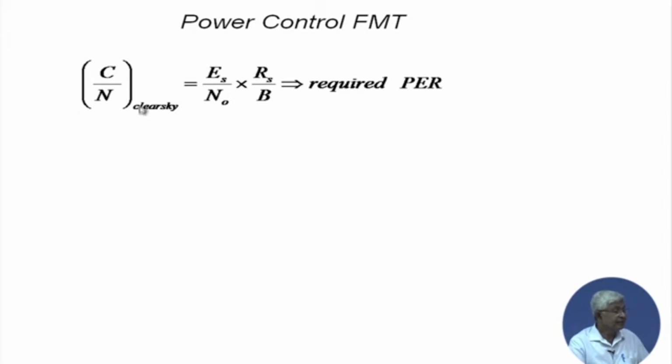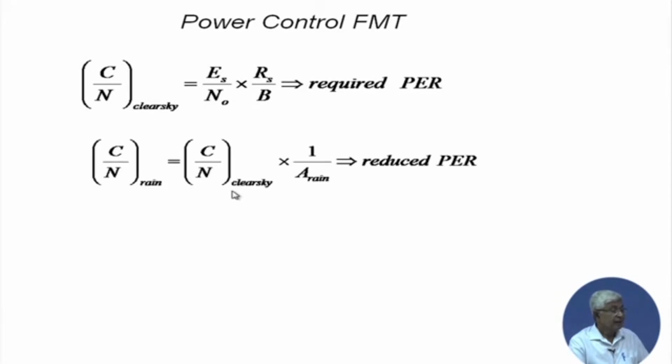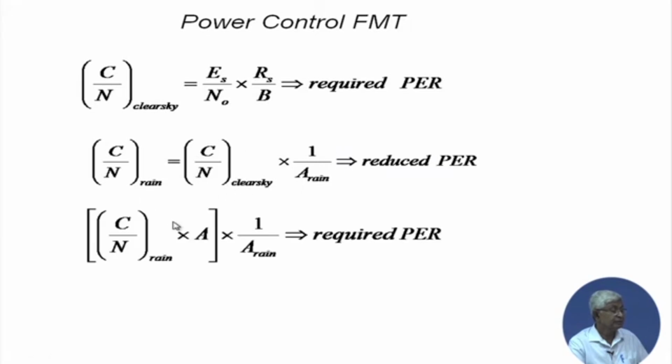C by N in clear sky is Es by N naught in the required PER corresponding to this Es by N naught, and during rain, C by N during rain is the clear sky C by N attenuated by 1 by A, the rain attenuation. It is in ratio, and the PER is degraded because now the whole C by N is reduced.